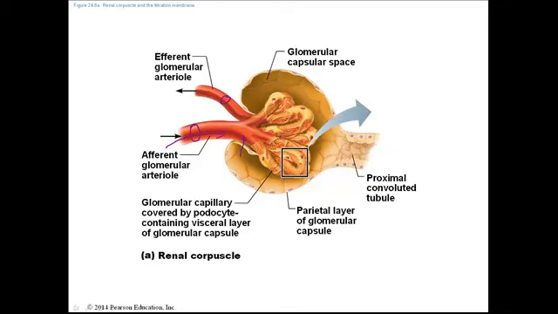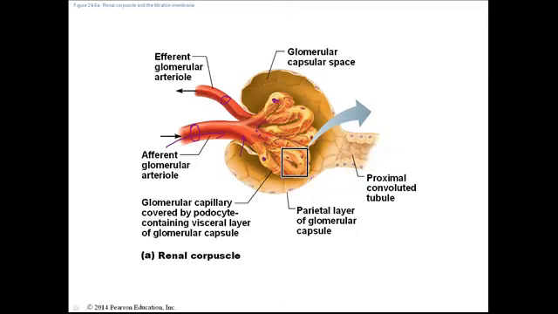So this is the parietal layer of the glomerular capsule. Again, this is simple squamous epithelial cells. These are the glomerular capillaries. They're fenestrated, so they have holes in them. And then we have these podocytes. This is the nucleus of the podocyte. These are nuclei.